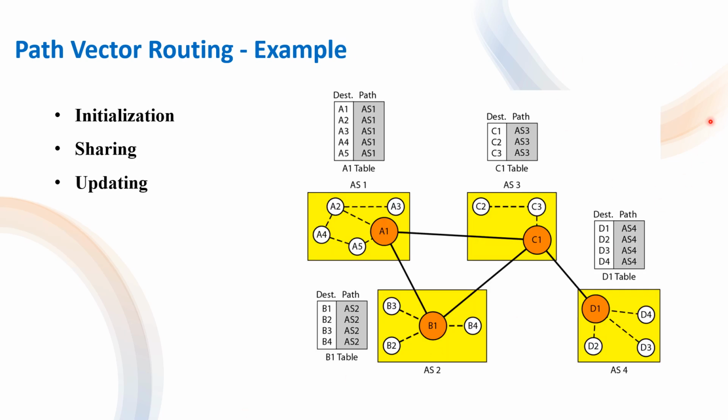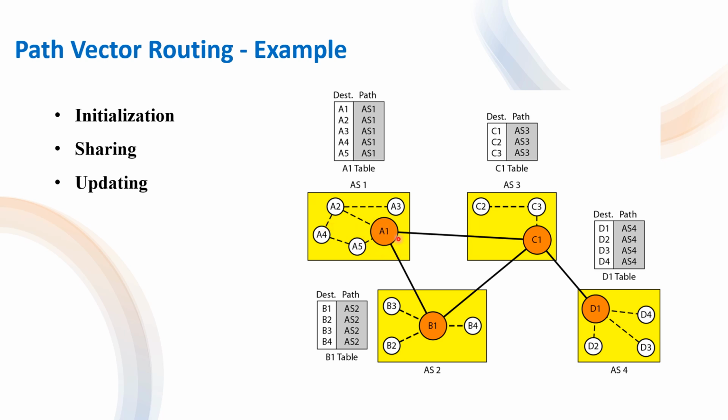In this section, let us see the working of path vector routing with an example. The principle of path vector routing is similar to that of distance vector routing. In path vector, we assume that there is one node in each autonomous system that acts on behalf of the entire autonomous system. This is called a speaker node.